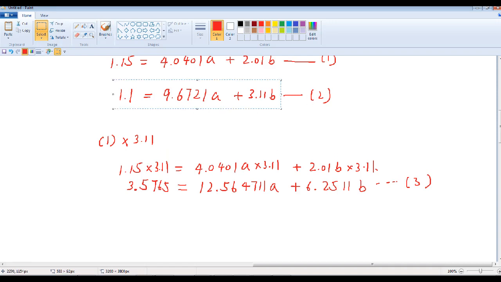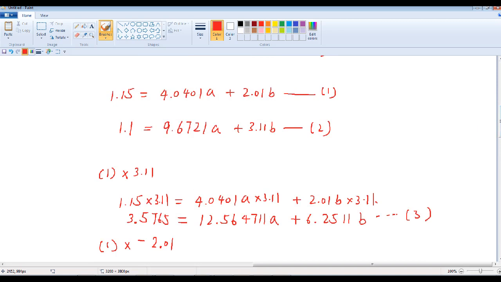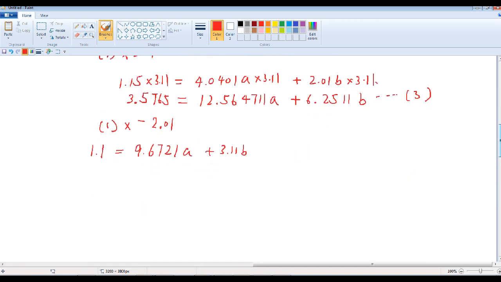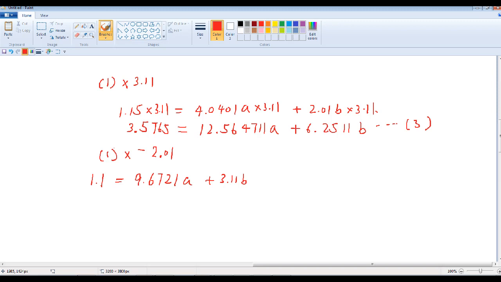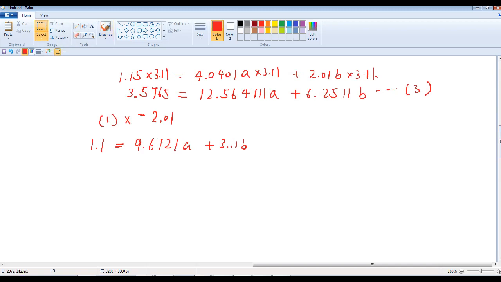For equation number 2, we need to multiply this one by minus 2.01. 2.01 is the number in front of b. We put a minus in front of it so that later on we can add the two equations and cancel them out. When you multiply by minus 2.01, you have to multiply every term in that equation.